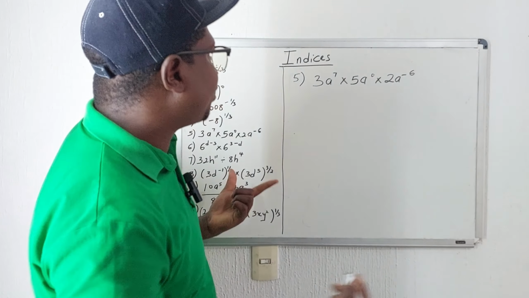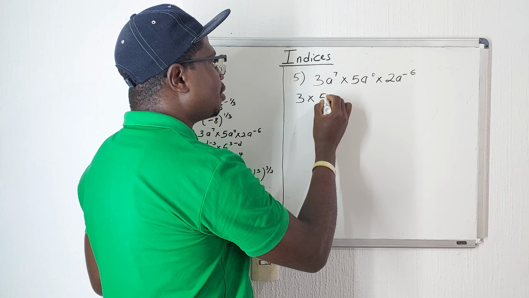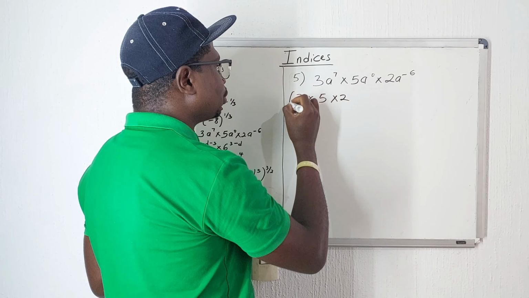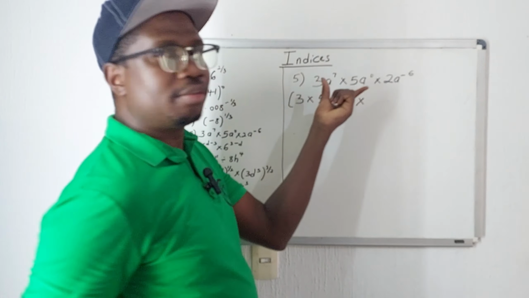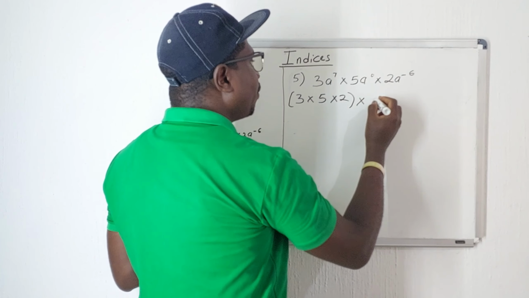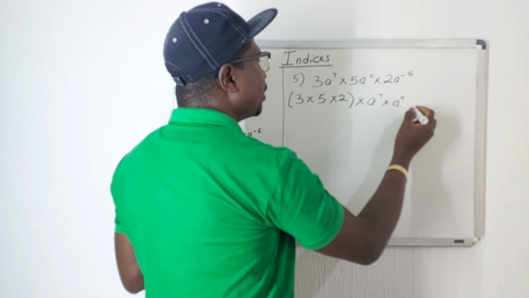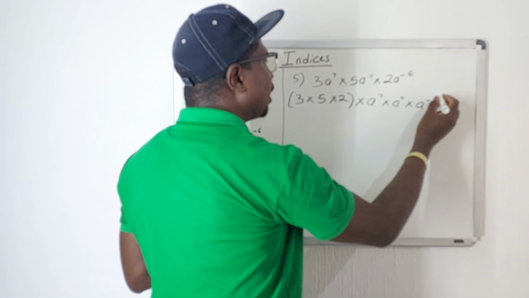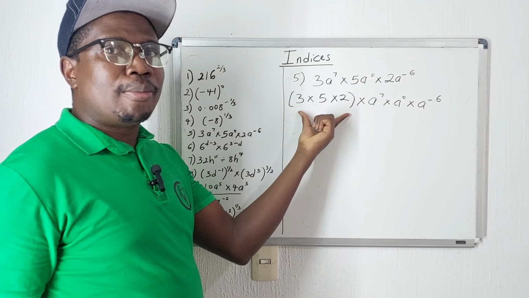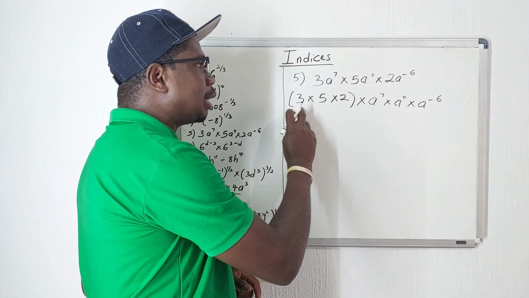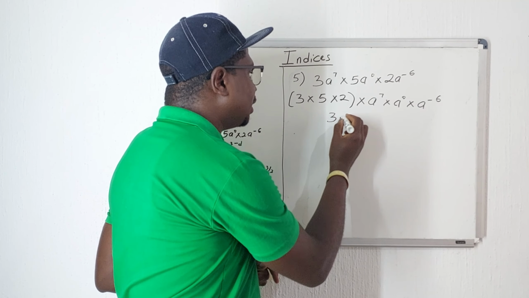First of all, we can take out the numbers 3 times 5 times 2, then the variables a^7 times a^0 times a raised to power minus 6. Multiplying the integers first, 3 times 5 is what? 15. 15 times 2 is what? 30.